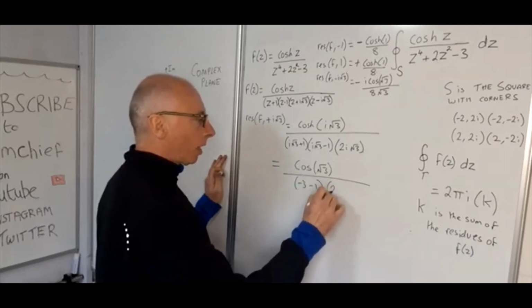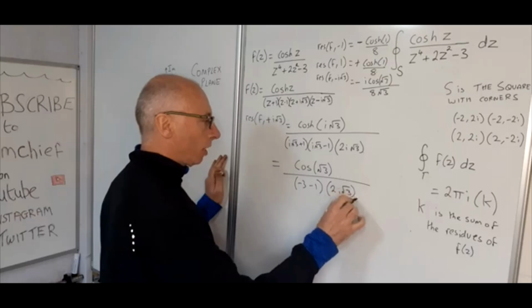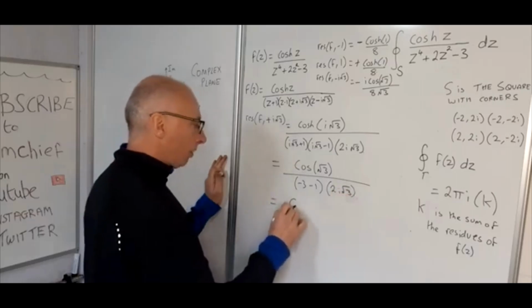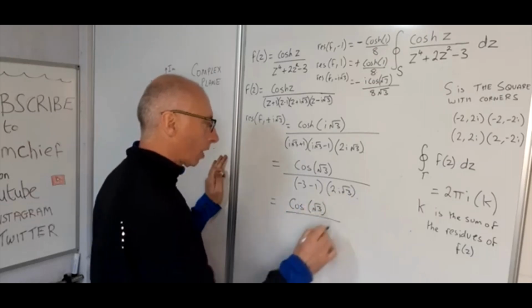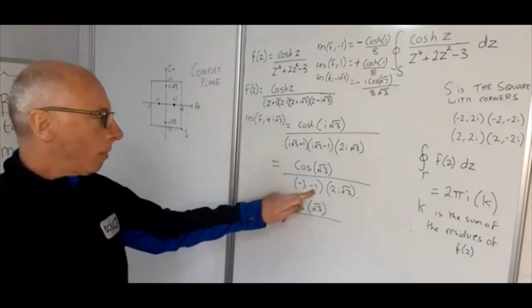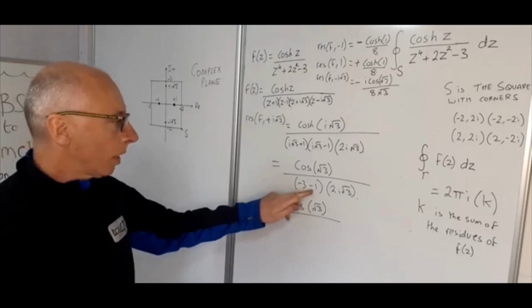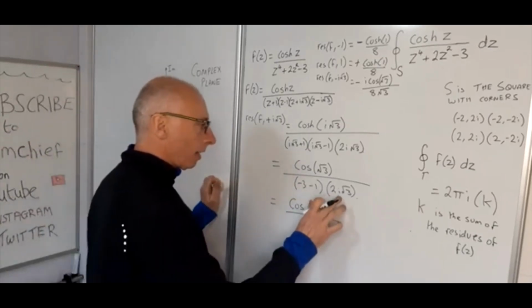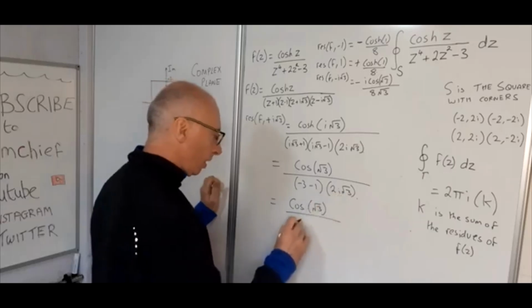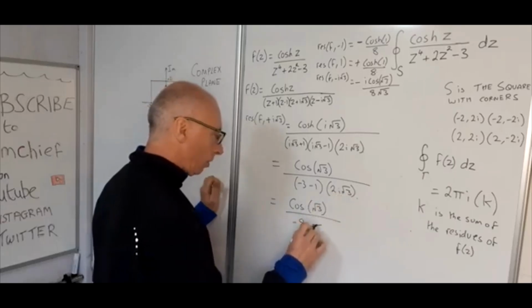And then we multiply this by 2i root 3. So we can simplify this off. Cosine square root of 3. Minus 3 plus minus 1 is minus 4. Minus 4 times 2 is minus 8. And then i root 3. So minus 8i root 3.